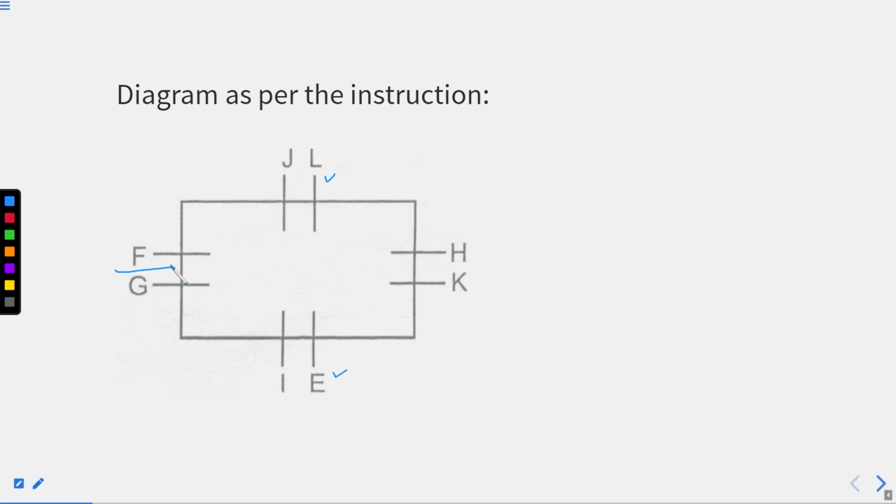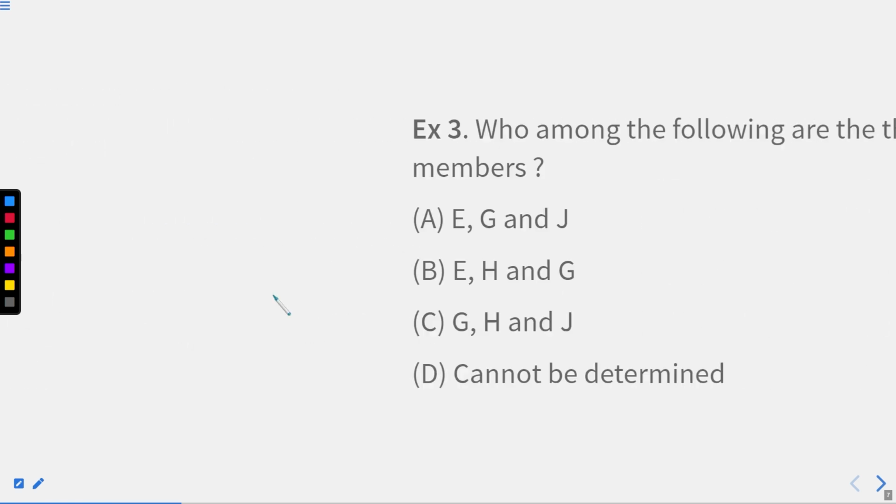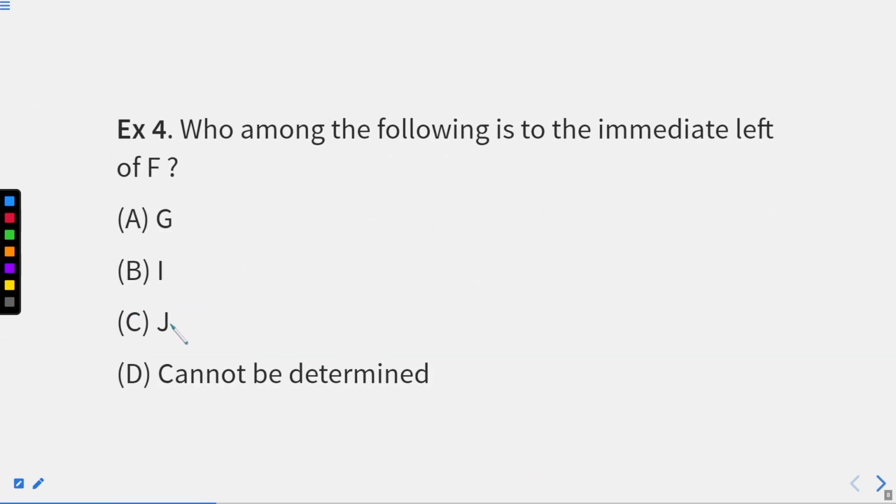That is G, right? So as soon as either G or either J, when F is facing in this direction, so his left will be in this direction. So J will be the answer for question number 4. I hope this part is also clear.